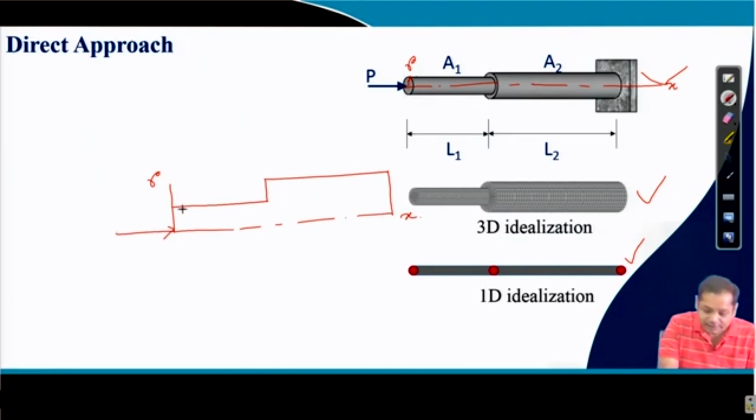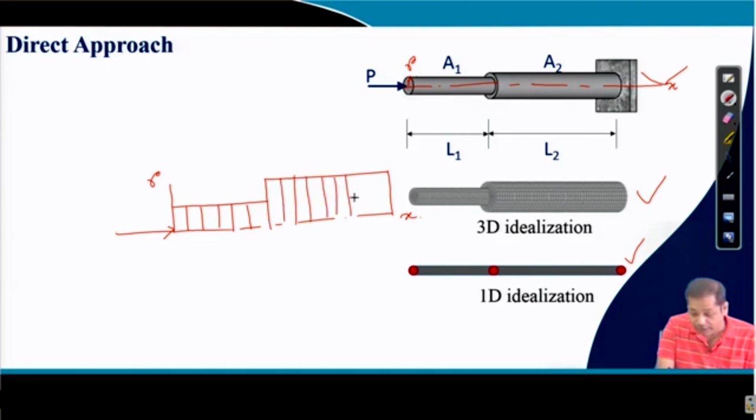And then you discretize this model using two-dimensional elements, either quadrilateral elements or, say, triangular elements. We can discretize this, say for instance, like this.